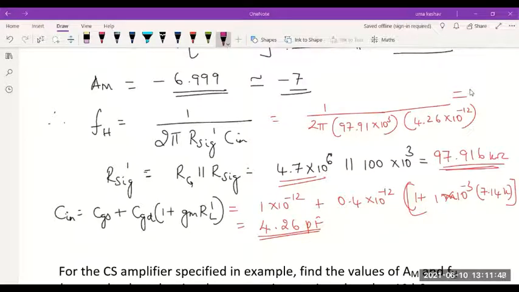So approximately I'll get 381.55 kilohertz or 0.382 megahertz, you can say, or approximated to 0.382 megahertz is okay. Either this or this, it's right.